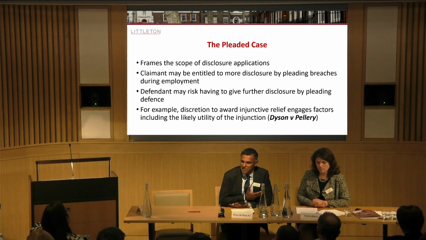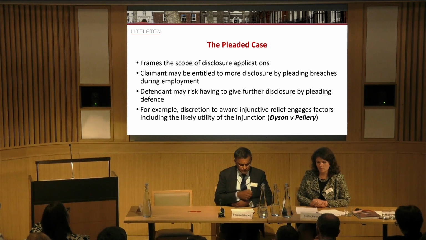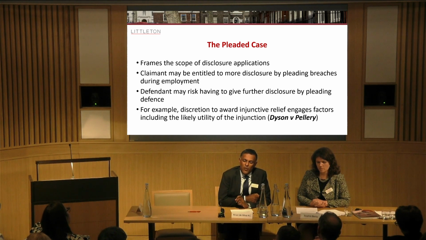So that's quite common. Claimants plead breaches during employment in order to get disclosure, which might be embarrassing to a defendant. Conversely, a defendant might want to not plead a particular issue in case it gives rise to a disclosure obligation.